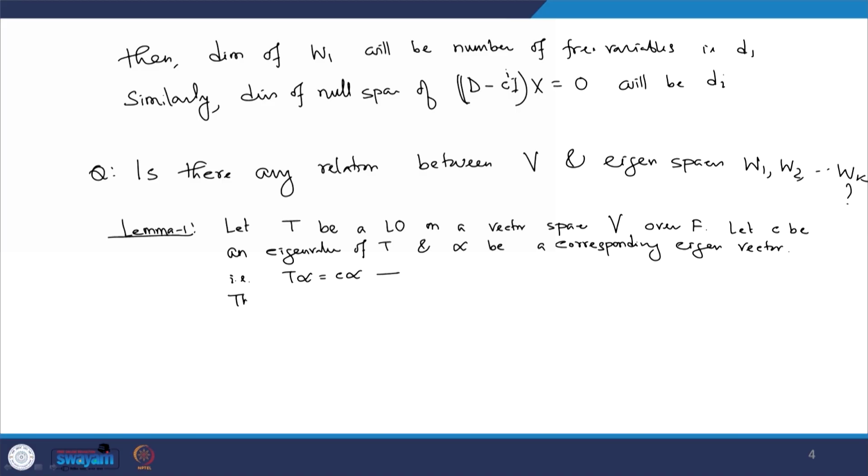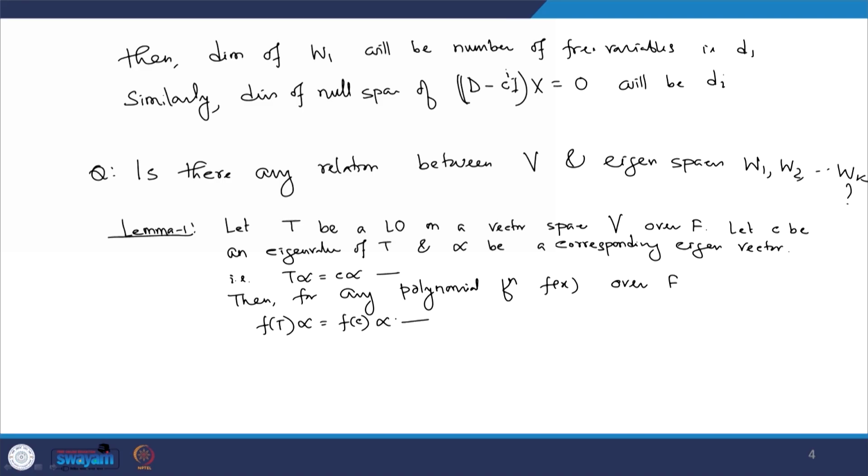Then for any polynomial function f(x) over capital F, f(T) operating on alpha will be equal to f(C) alpha.